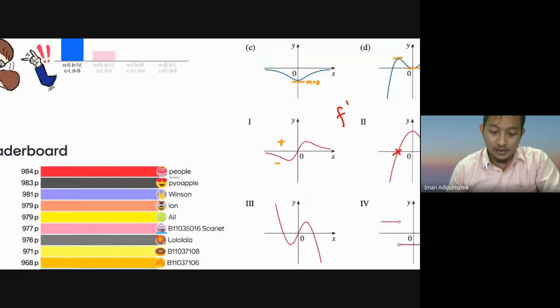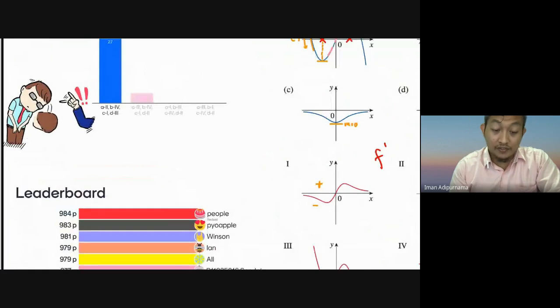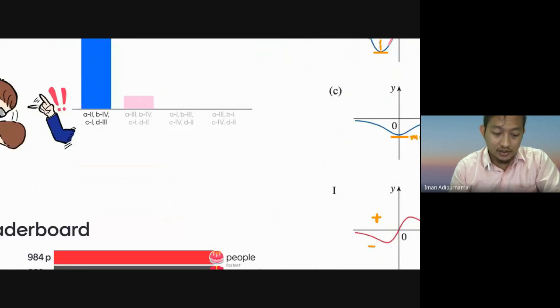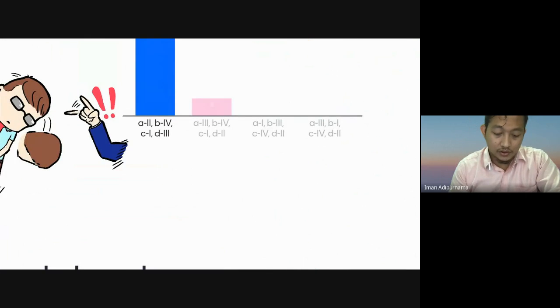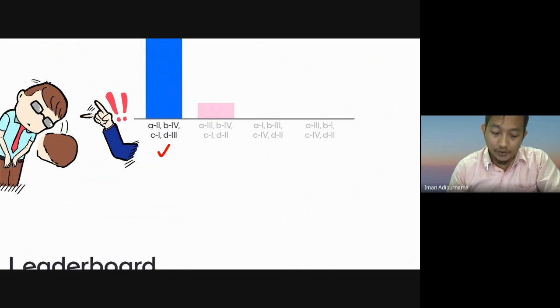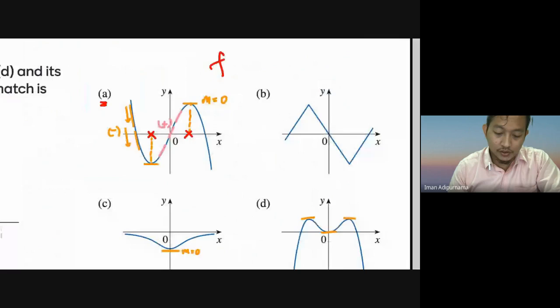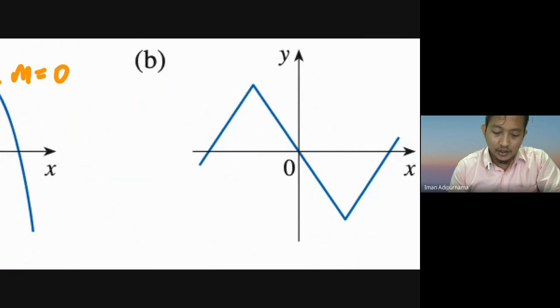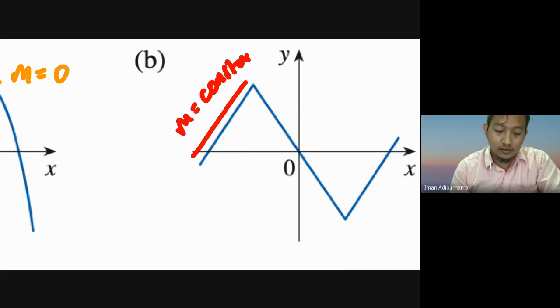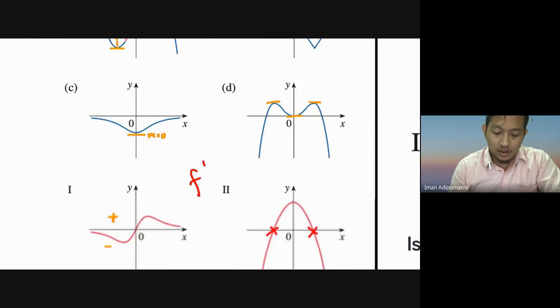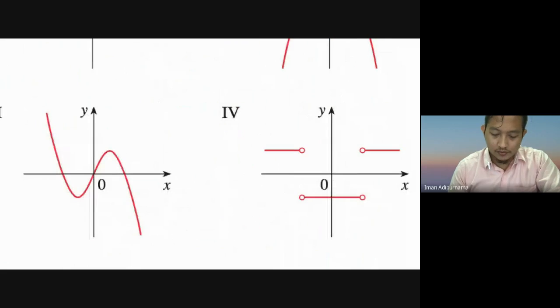So A is 2. And from that one answer, you can get it exactly correct. If you want to look more, for example, this one here, the derivative is stationary. The m is constant, right? The one that is constant is 4. So B is 4.